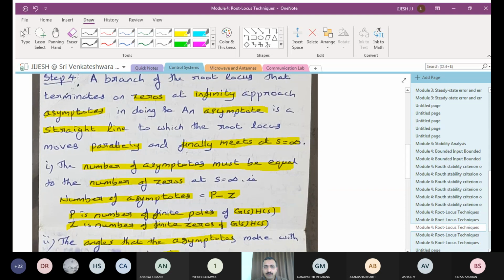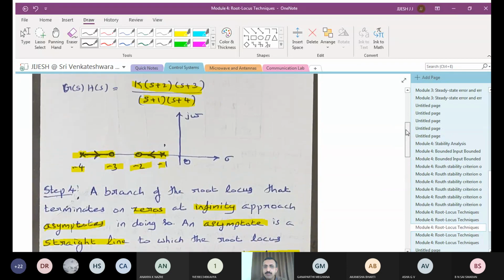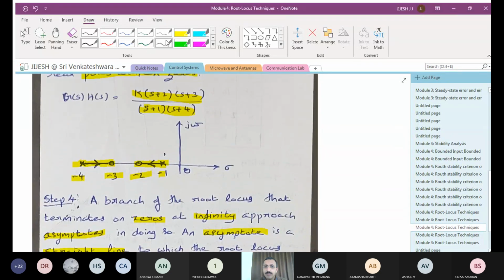Step 4. So we understood that asymptotes are needed. We also understood how many asymptotes there are by using the equation P minus Z, that is the number of poles minus the number of zeros. We also know how to find the number of poles and zeros: from the numerator you get the zeros and from the denominator you get the poles.